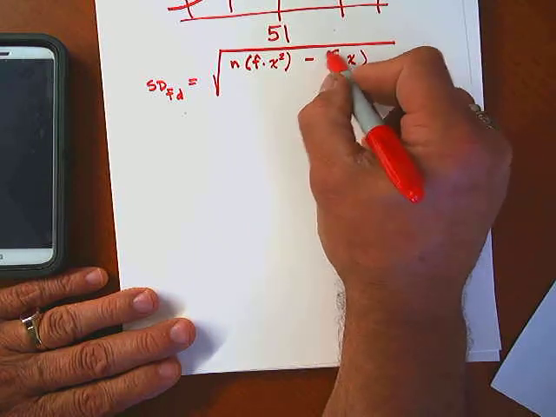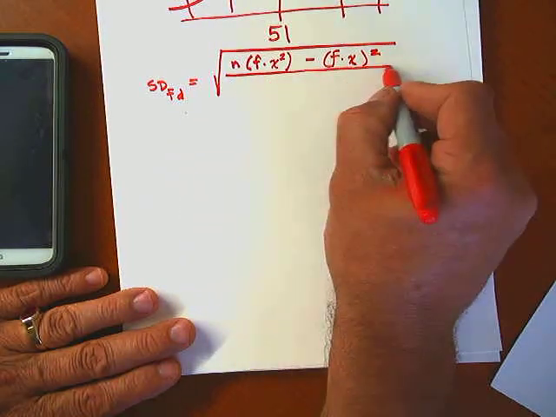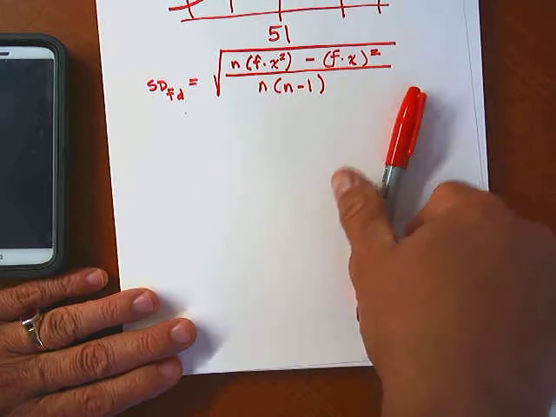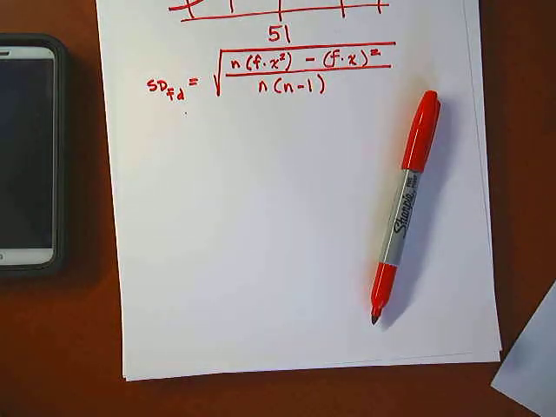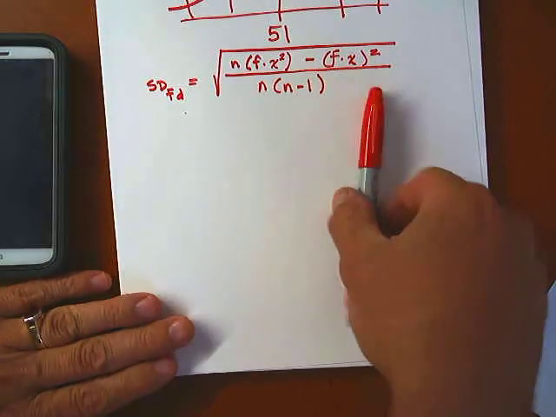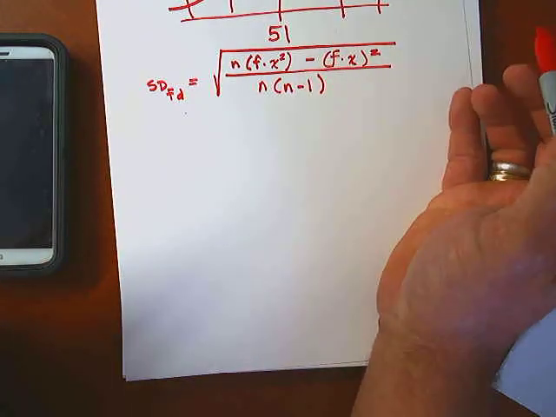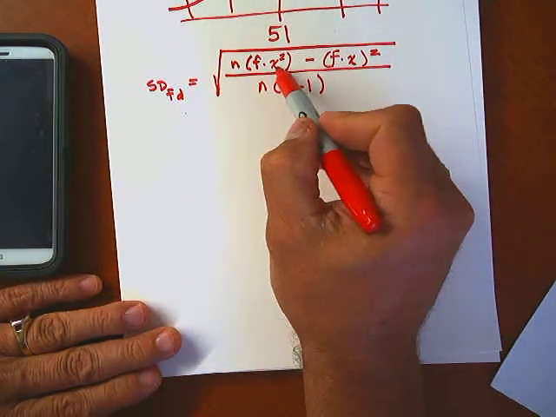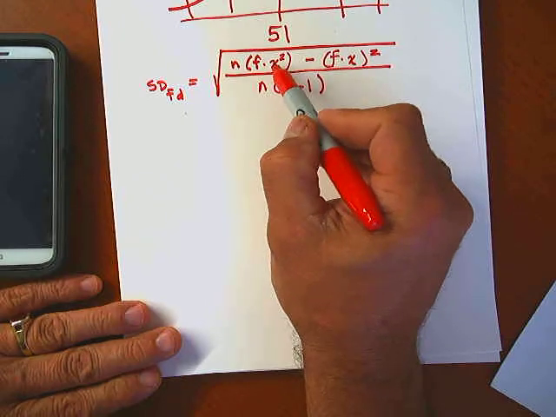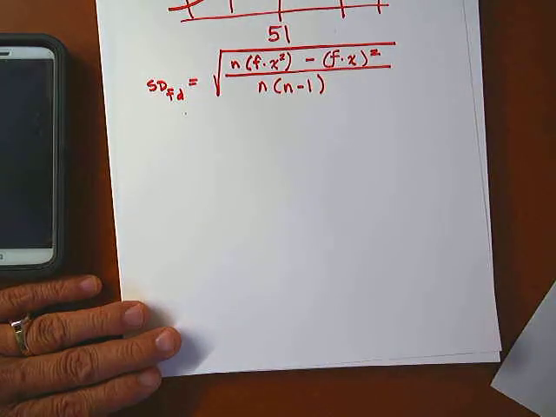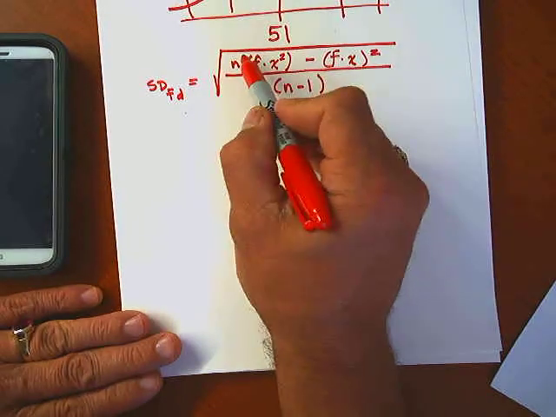The standard deviation for a frequency distribution is equal to the square root of n times the summation of f times x squared, minus the quantity summation of f times x, squared, over n times n minus 1.